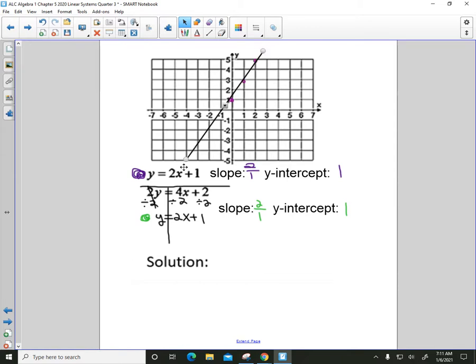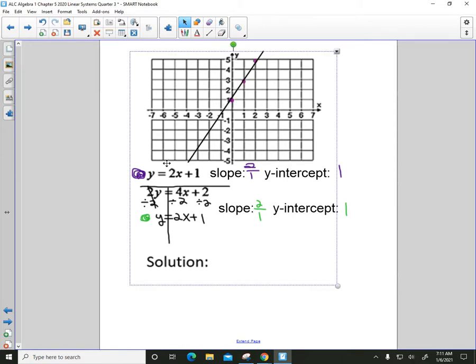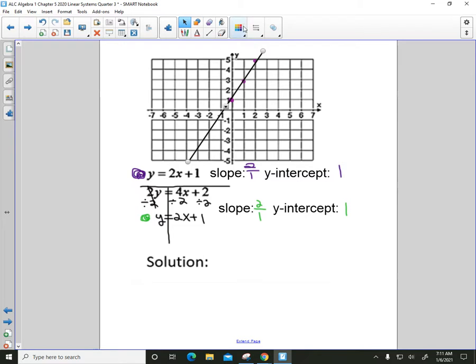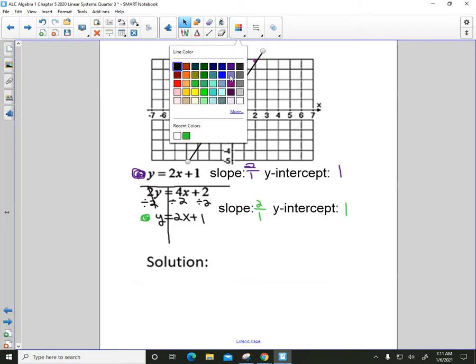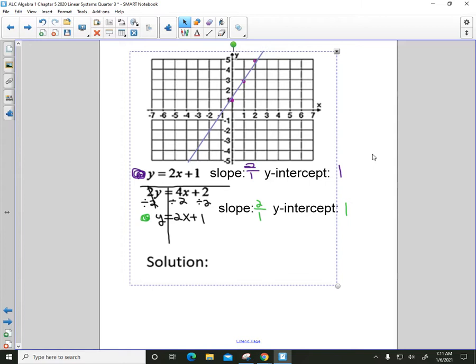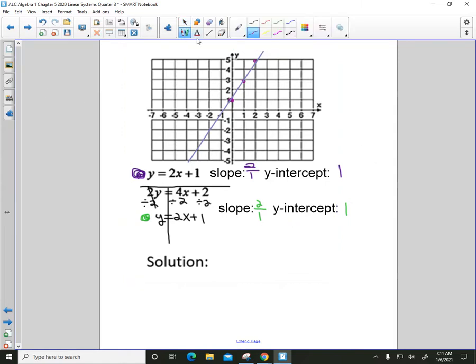And that is the purple line. I'm going to actually make that purple, I think. Yeah. Okay, and then now we're going to go here. We have a y-intercept of 1.